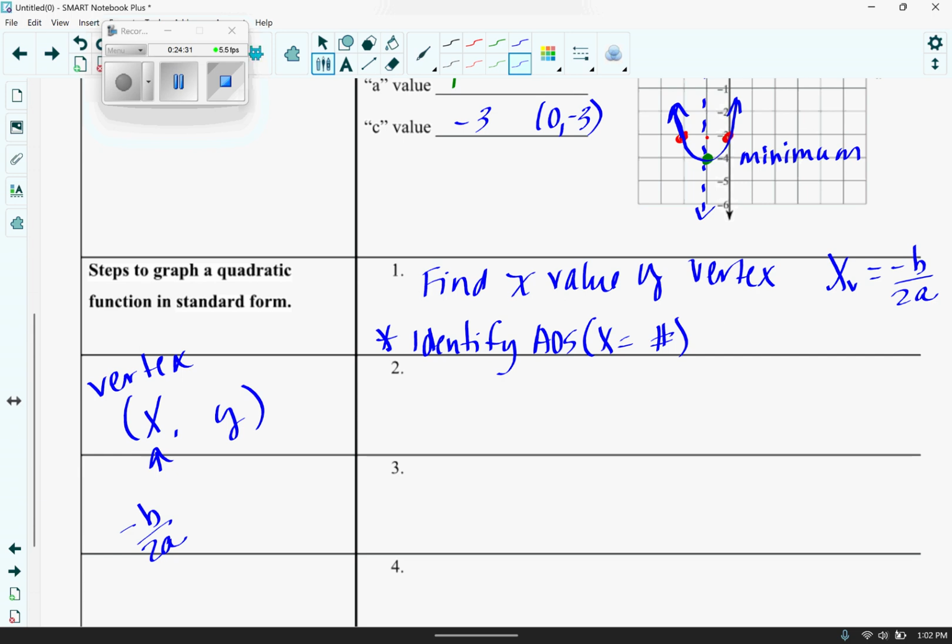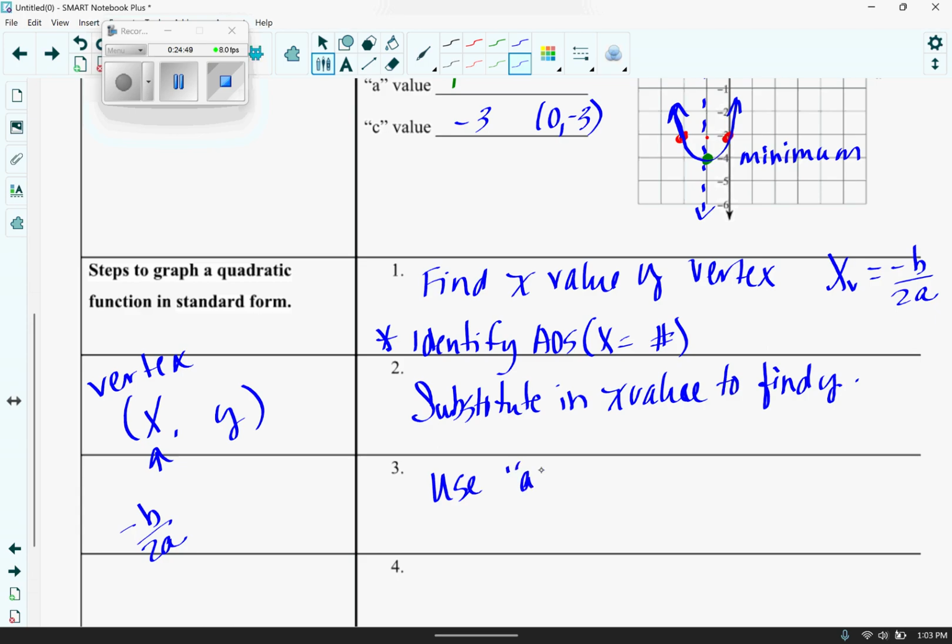Number 2, we're going to substitute in x value to find y. Third thing, we can use the a value over 1 from that point. And that means the plus minus 1 to the right and to the left, and this is up or down.